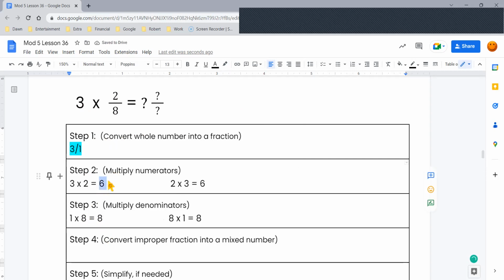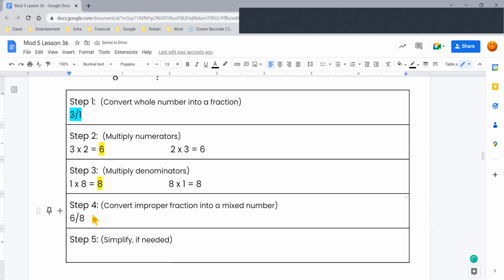And I'm going to go ahead and highlight one set because I don't want you to think you have to do both of them. You only have to do one numerator and one denominator, and they're the exact same. So I have 6 over 8, and I see that is not an improper fraction. But I do notice that they're even numbers, so I do need to simplify.